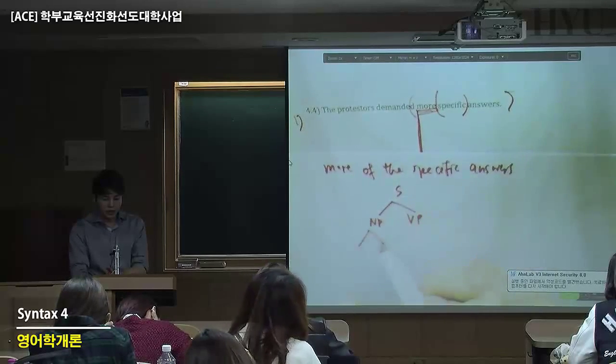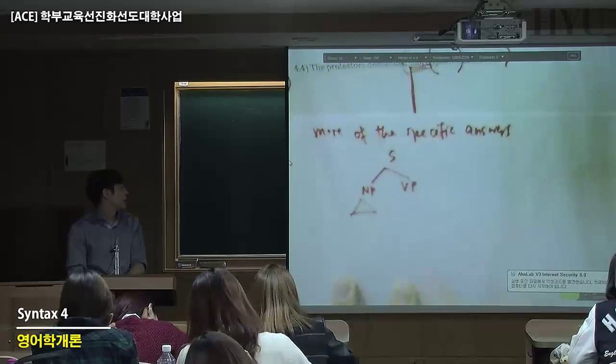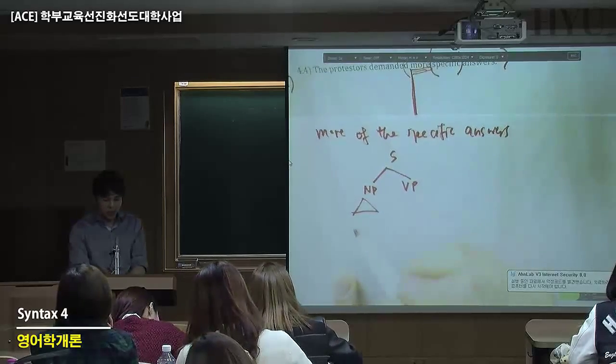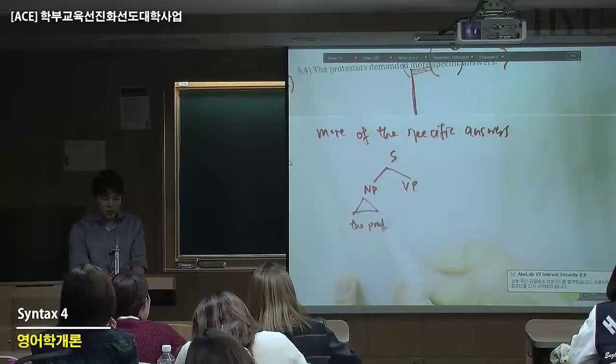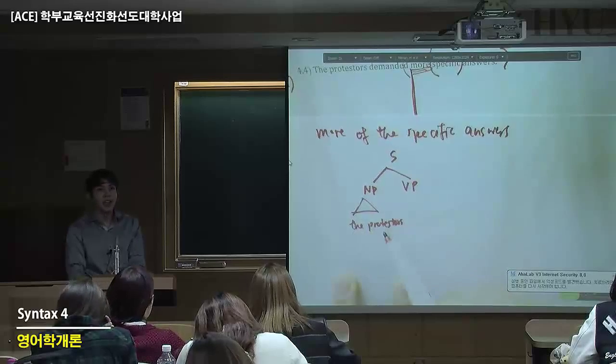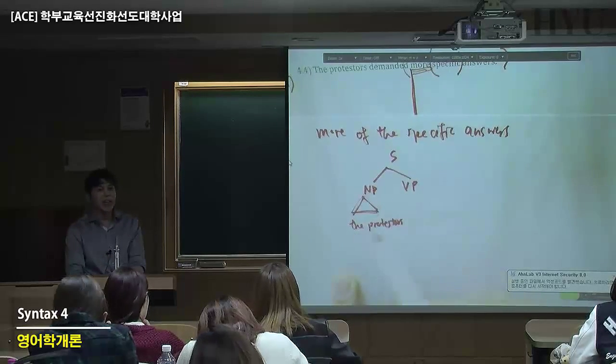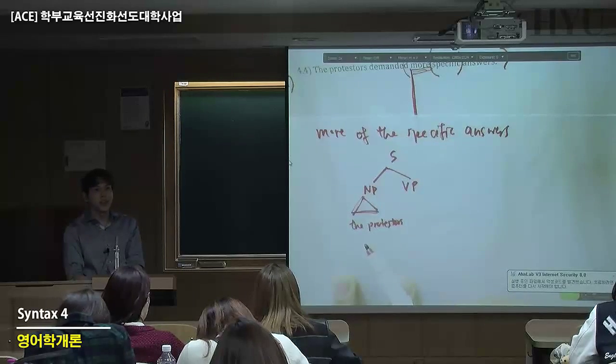I'm lazy to write out everything here, so I just use the triangle. I just say the protesters here, instead of breaking it down to determiner and N and so on. I'll use this triangle to say that it can be broken down further.